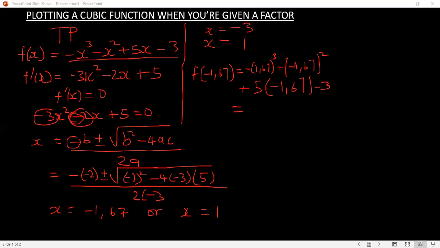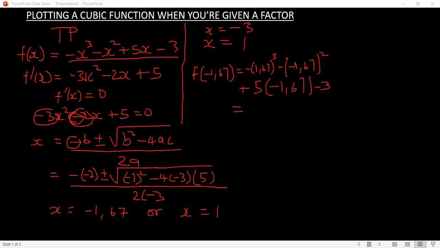Now just press that on your calculator. It's going to be negative 1.67 cubed, minus negative 1.67 squared, then plus 5 times negative 1.67, minus 3.